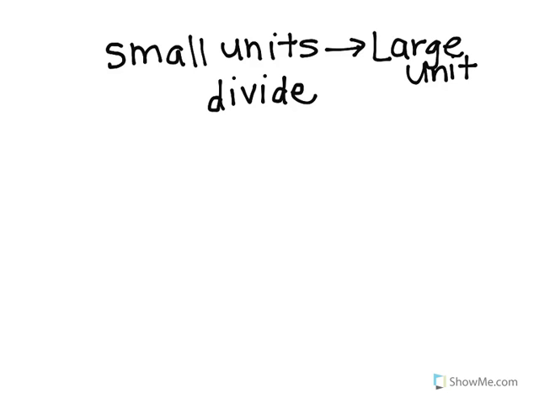And I'm going to use the same numbers from the last problem to just do the inverse. And I'm going to use the same feet and inches. If I have 24 inches, I'm going to divide it by 12 inches, and that's going to give me 2 feet.